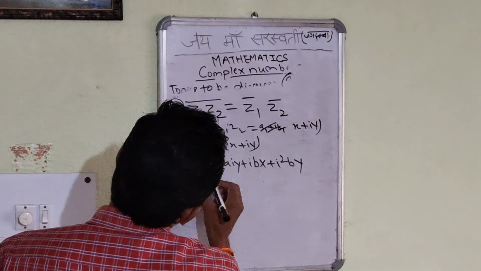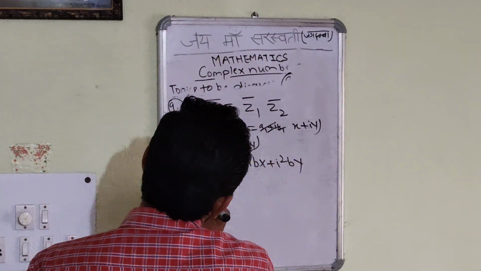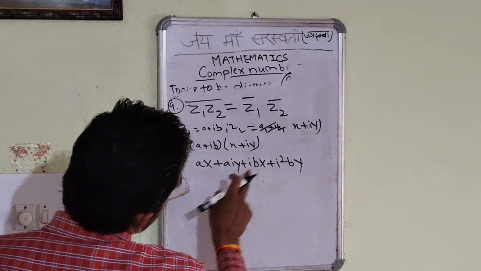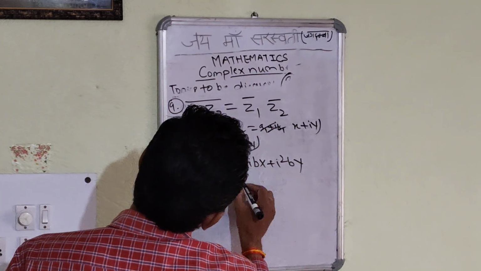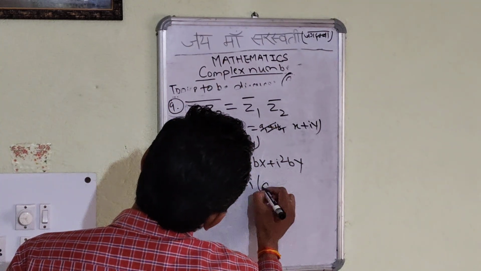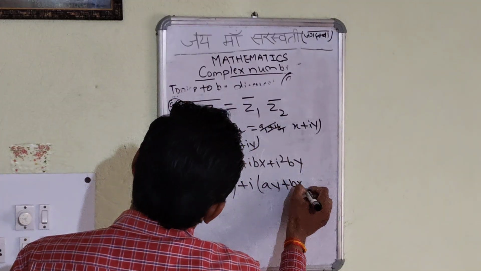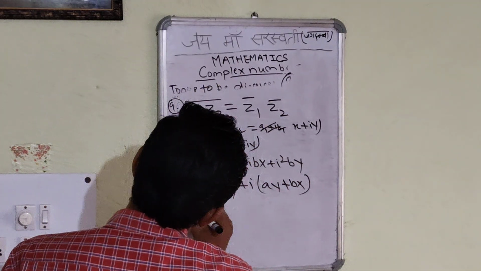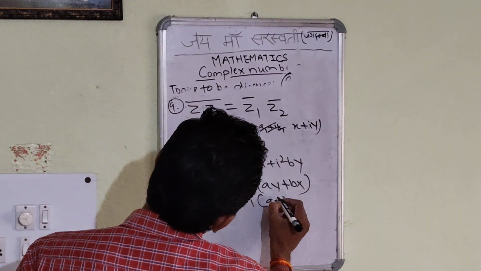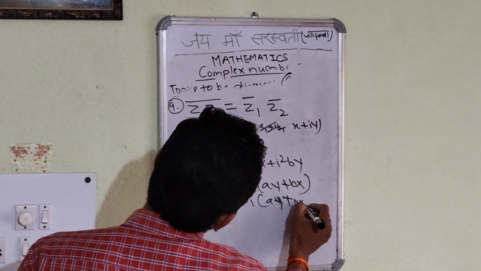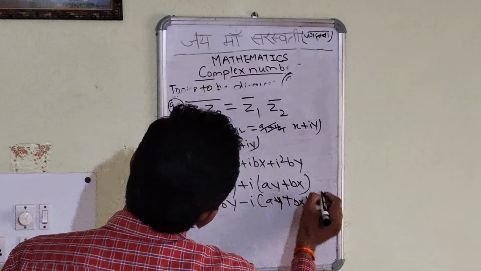Understood, i square is equal to minus 1, so it will be ax minus by plus i times ay plus bx. Its conjugate will be equal to ax minus by minus i times ay plus bx. That is equation number 1, the LHS.